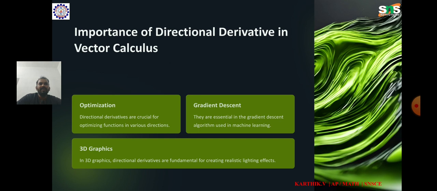Second, crop yield prediction. Directional derivatives can also be applied to analyze the rate of change of crop yield across different regions of a field.